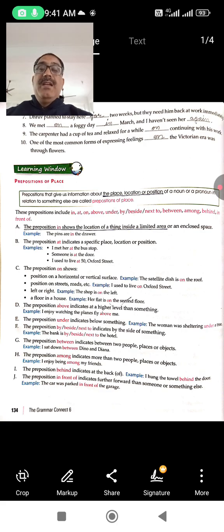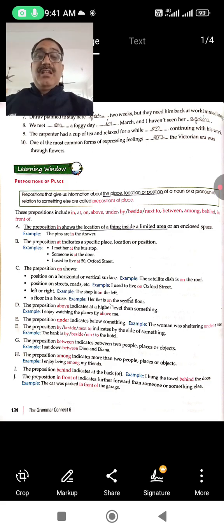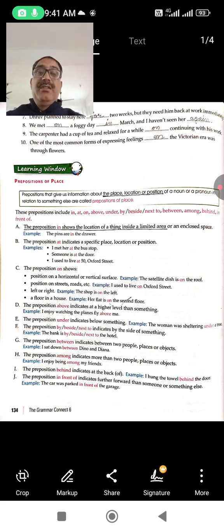Next, left or right. Example, the shop is on the left. And next, a floor in a house. Example, her flat is on the second floor. In this sentence you will see on is used to describe the position.